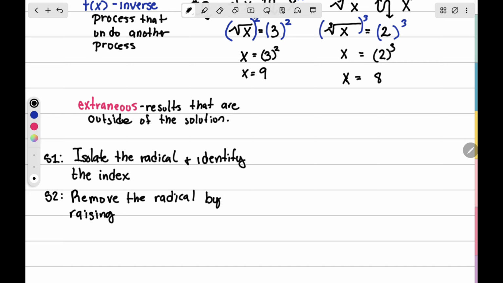By raising each side to the power of the index.